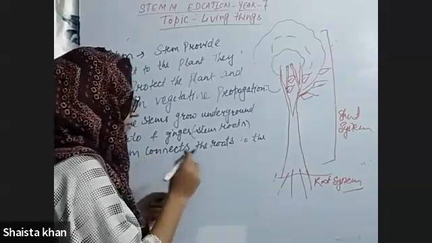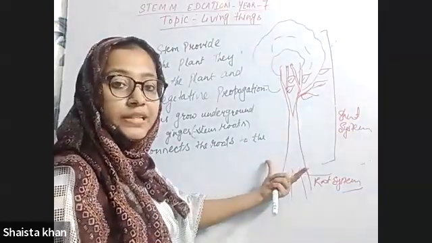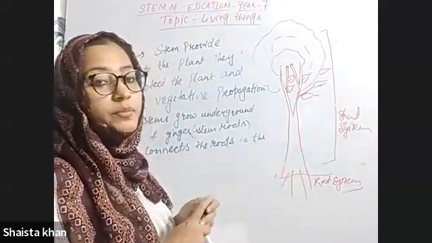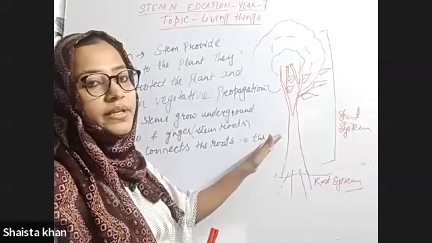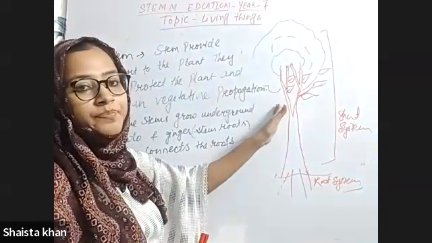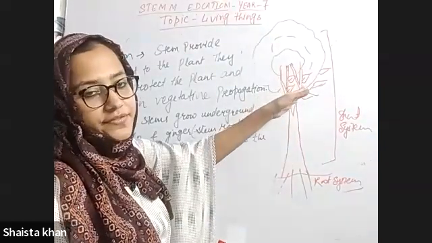And what is another function? As I said, the root absorbs the water and mineral from the soil, and after that it gives the water and mineral to the stem, and the stem sends it to the leaves to prepare food.